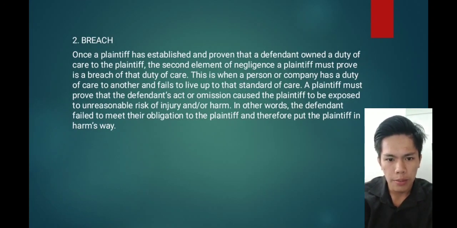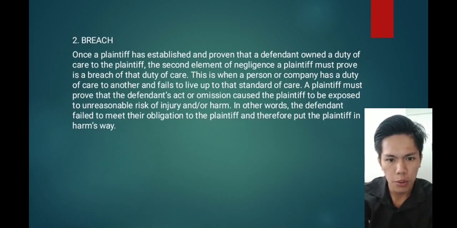Breach. Once a plaintiff has established and proved that a defendant owed a duty of care to the plaintiff, the second element of negligence a plaintiff must prove is a breach of the duty of care. This is when a person or company has a duty of care to another and fails to live up to that standard of care.